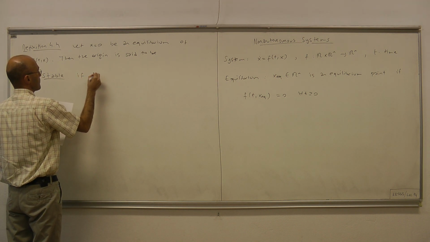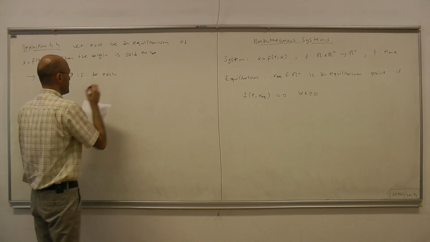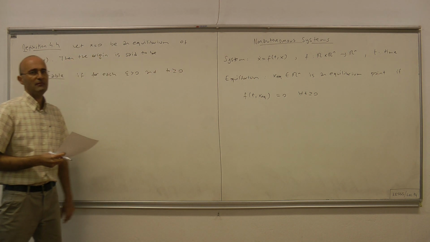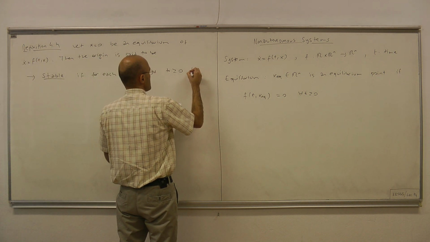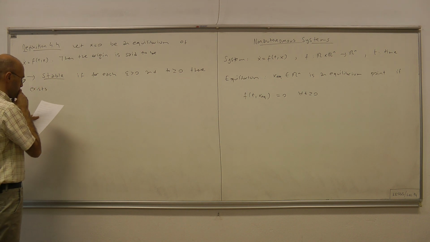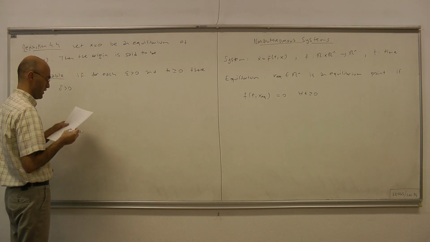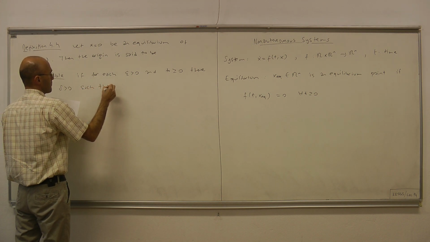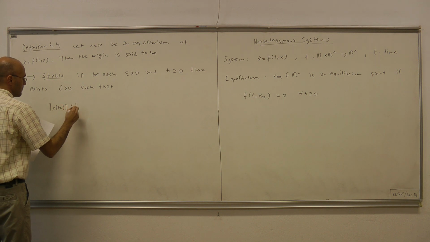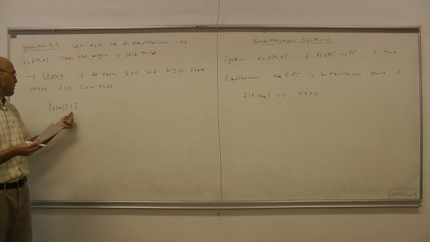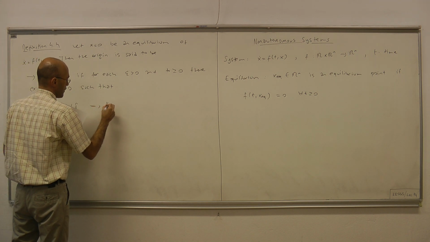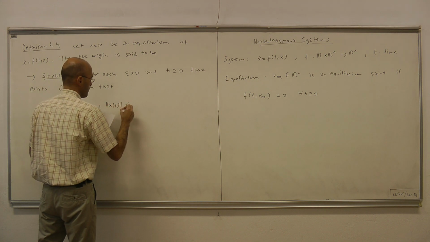If for each epsilon and initial time t0 there exists delta such that if initially we're not farther away from the origin than delta, then we remain in the epsilon neighborhood for all future times.